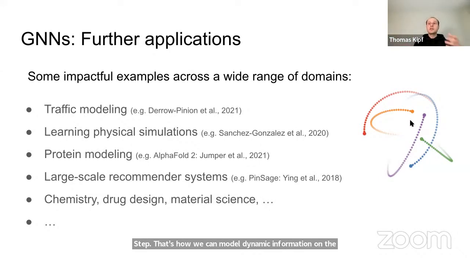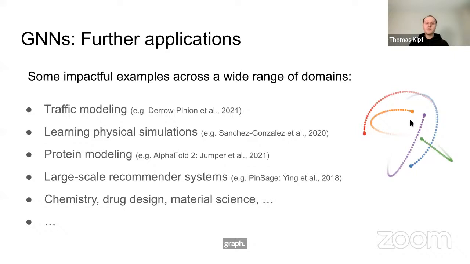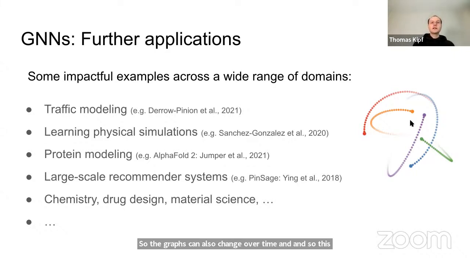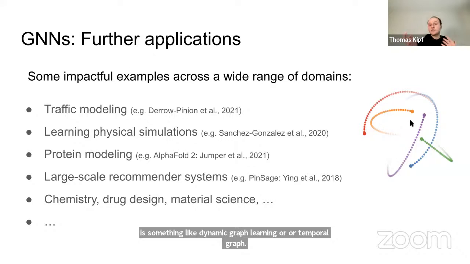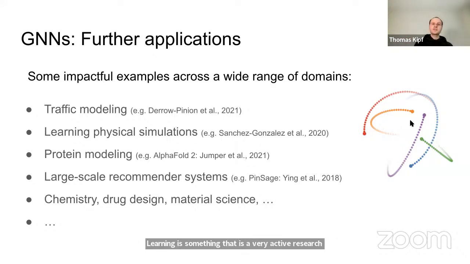But you can also have dynamic graphs. So the graphs can also change over time. Dynamic graph learning or temporal graph learning is a very active research area, and there are many design choices one can make. You can, for example, say every 2 layers of your graph neural network correspond to 1 time step. Then the next time you apply a layer, the underlying graph might have changed in the system already.